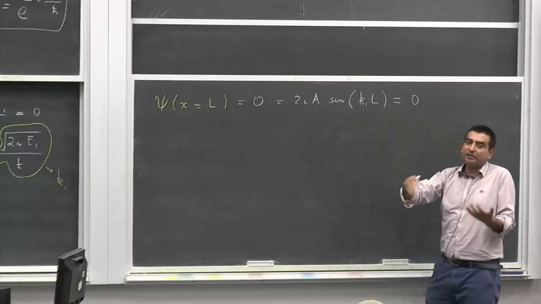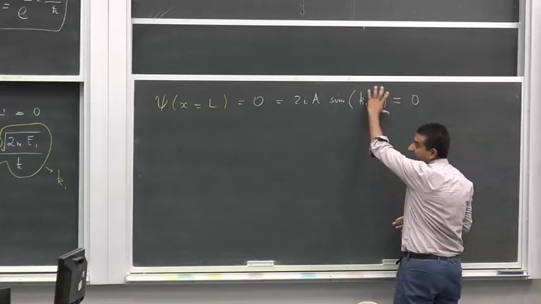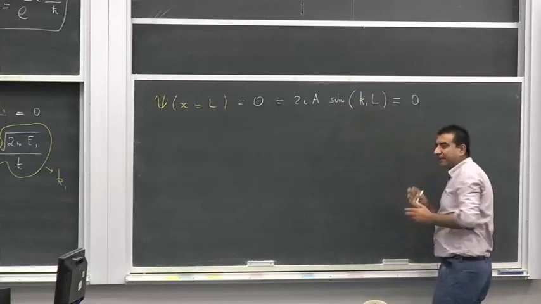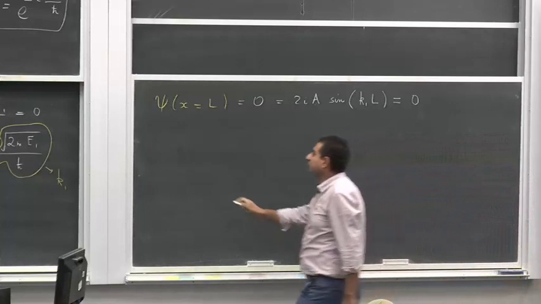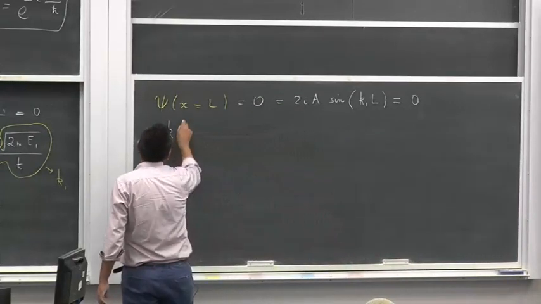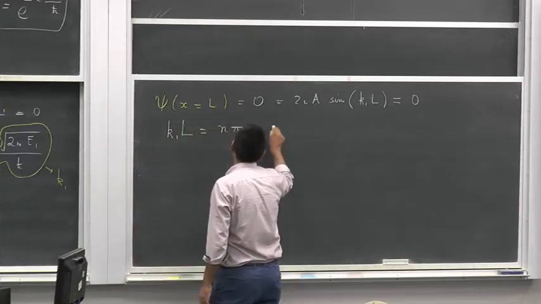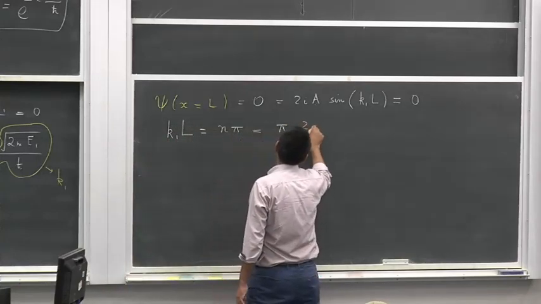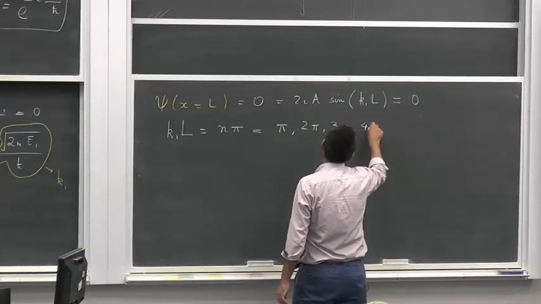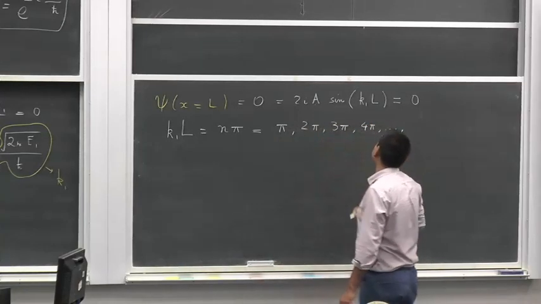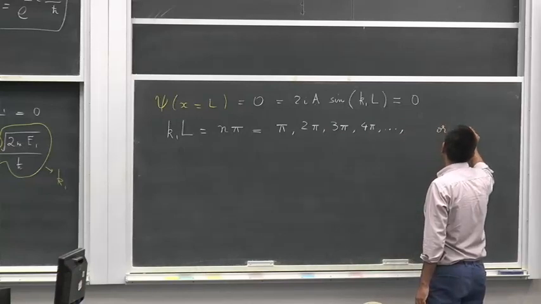The only option that I'm left with is keeping this term 0. And this term will be 0 when k1 L has precise values. And the precise values of k1 L are n pi, which means pi, 2 pi, 3 pi, 4 pi, and so on. Or n is a positive integer.